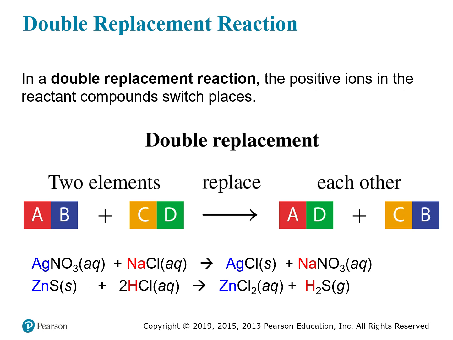You can also have swapping, right? So that's a double replacement reaction where the positive ions switch. So instead of A being with B, as it is over here, you have A's with D. Okay, so they swap partners.